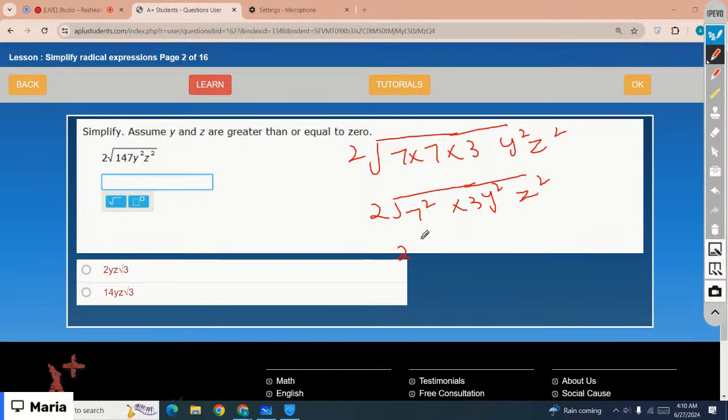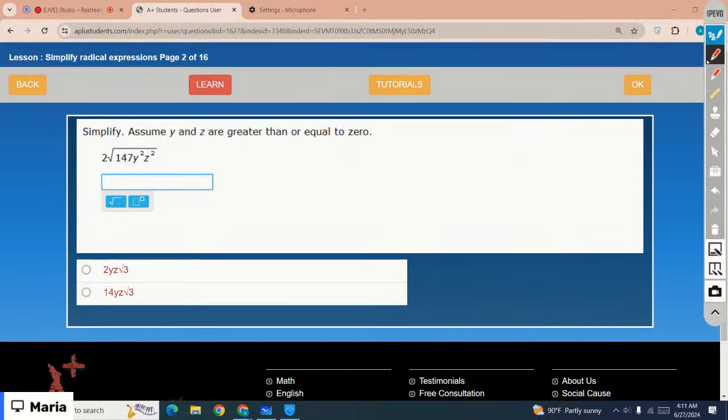So then you can write it as 2 7 square y square z square and square root 3. They all cancel out the square root. You are left with 2 times 7yz and square root 3. That makes 14yz and square root 3. The correct option is option number 2. Got it? That's option number 2, 14yz square root 3.